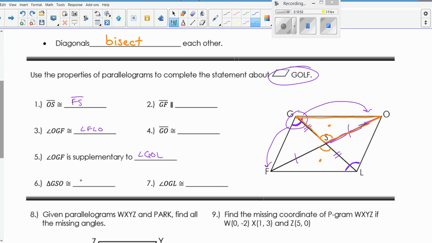I just have to make sure that I say it in the right order, which is the hardest part. So GSO would be congruent to LSF. LSF, and that's the only way that I can say that triangle. GF, clean up my figure so you guys can see a little bit better.